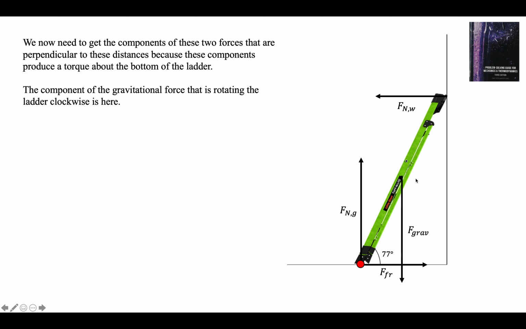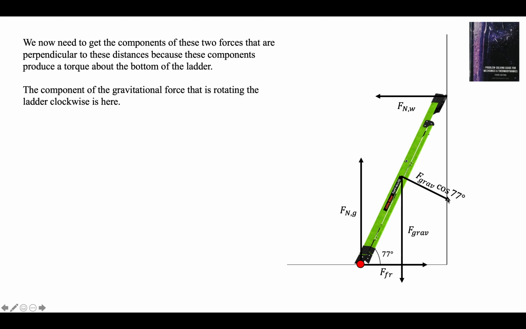The component of gravity that's rotating it about this point is right here. There it is: F gravity cosine 77. That's 77, that's 13, that's 77. F gravity cosine 77 is perpendicular to L/2.